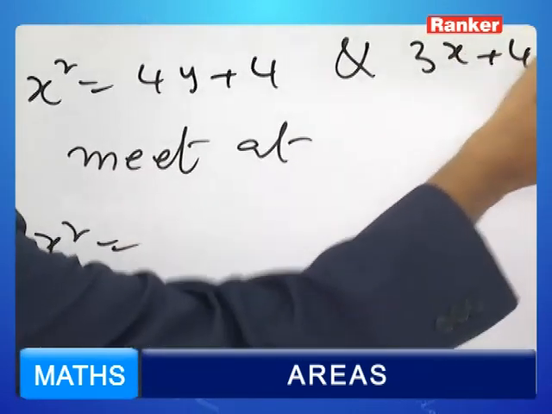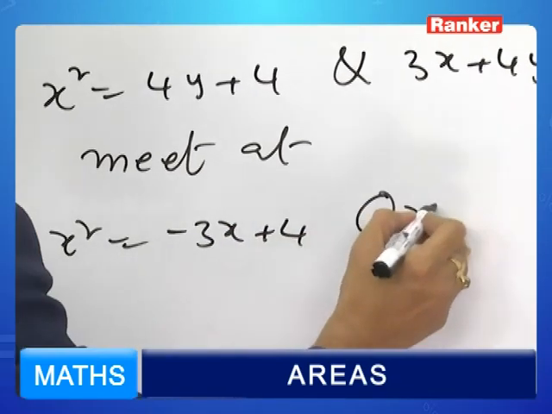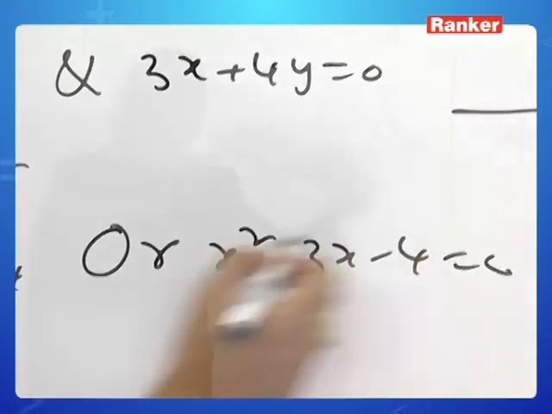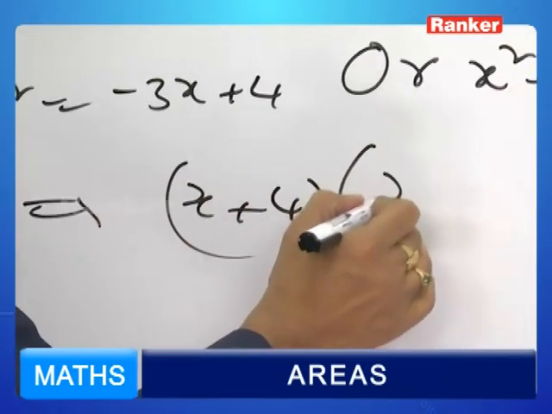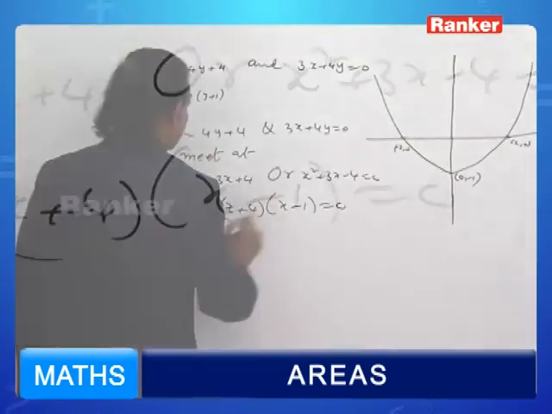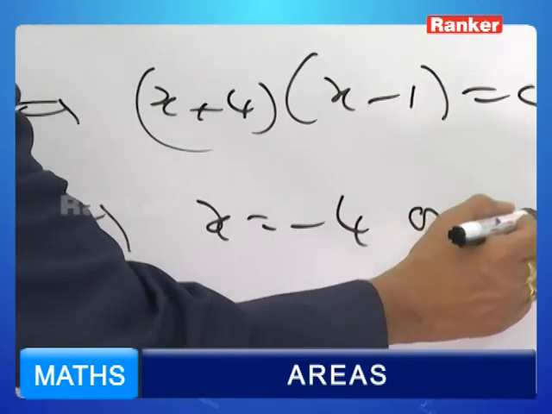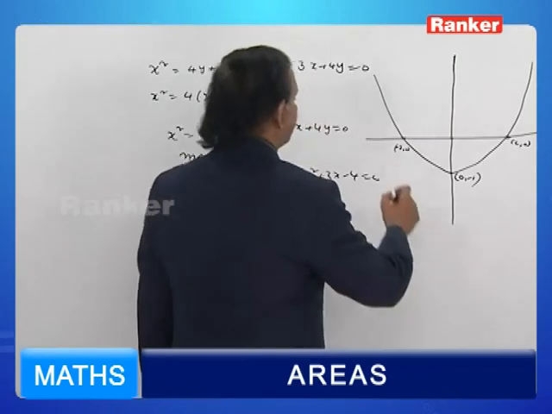In the place of 4y you can write minus 3x, or x square plus 3x minus 4 is equal to 0, which implies (x plus 4)(x minus 1) is equal to 0, which implies x is equal to minus 4 or x is equal to 1.